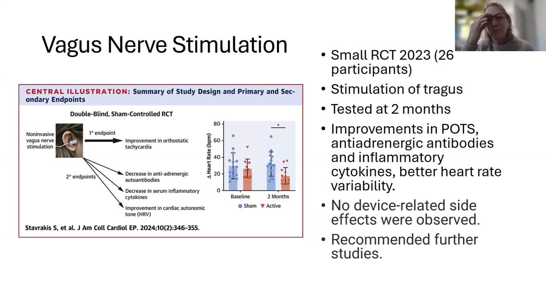The way that it's done, as you see in the picture, is that a small electrode is attached to the tragus, which is that little knobby thing in front of your ear, and it was stimulated. A small randomized controlled trial was done in 2023 with only 26 participants, and they stimulated the tragus part of the ear.